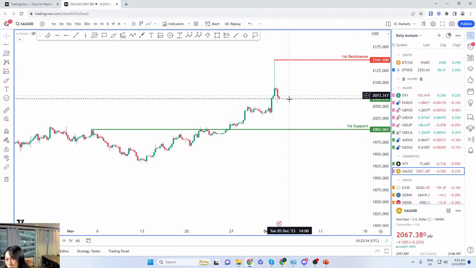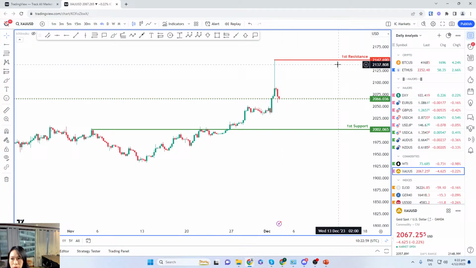Let's see if the price will react off this immediate support level.